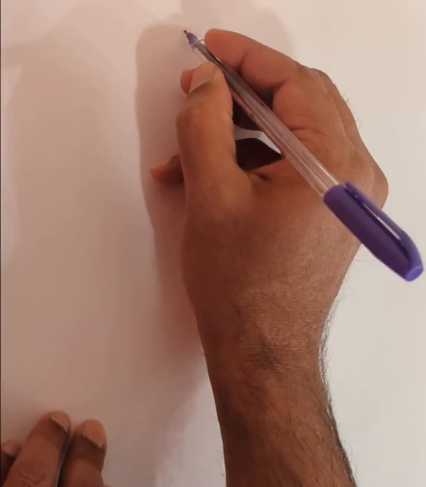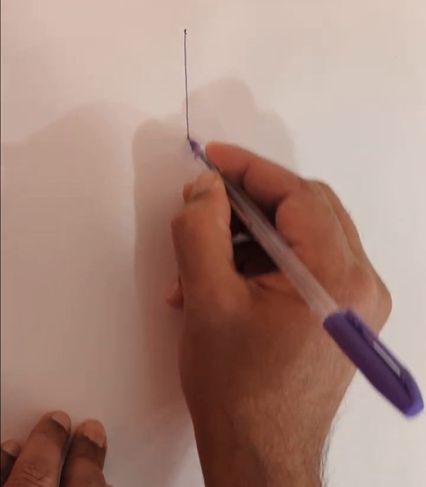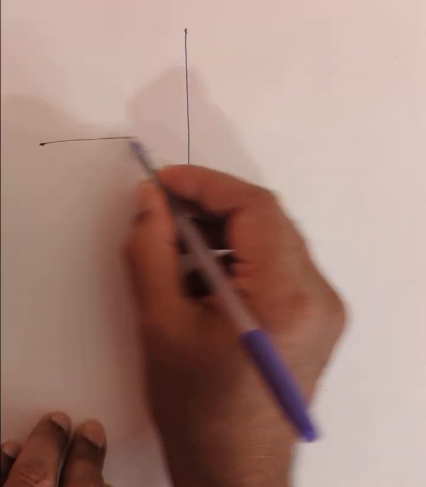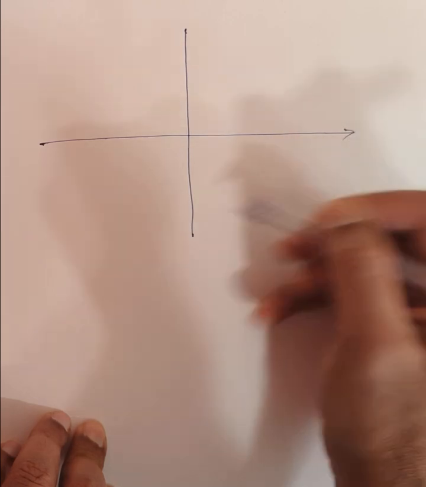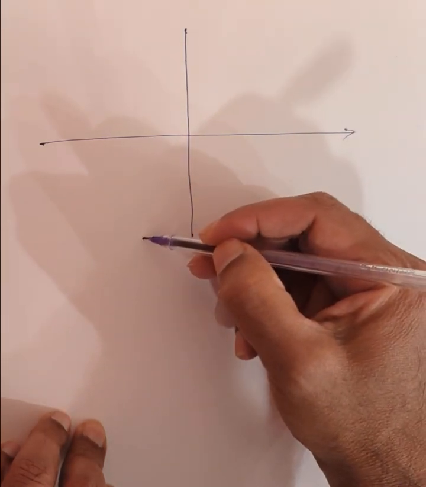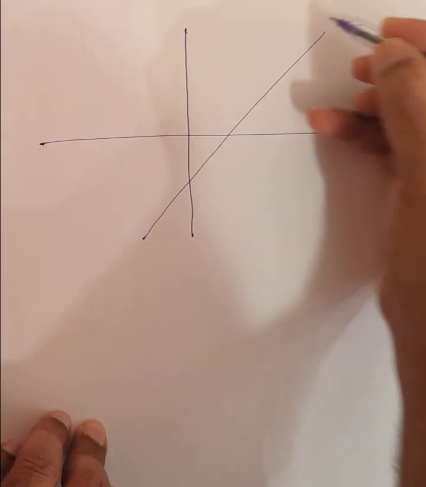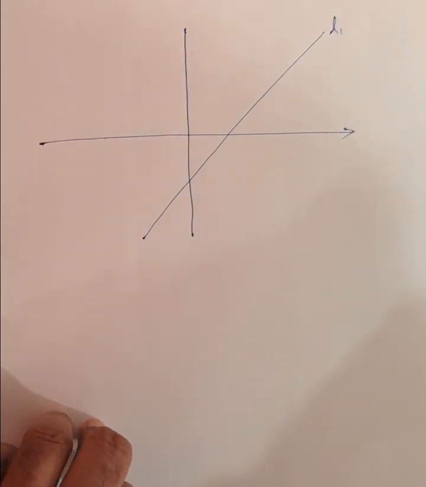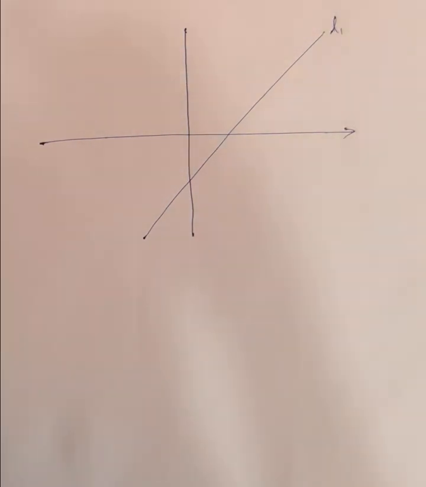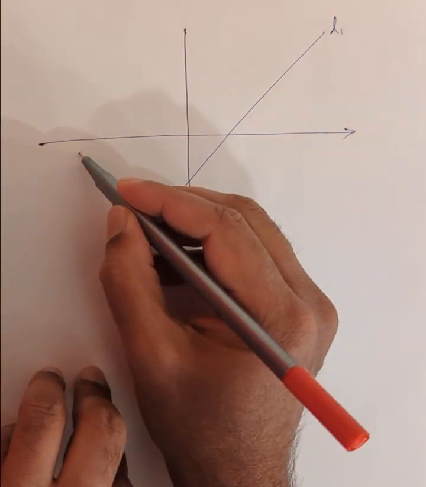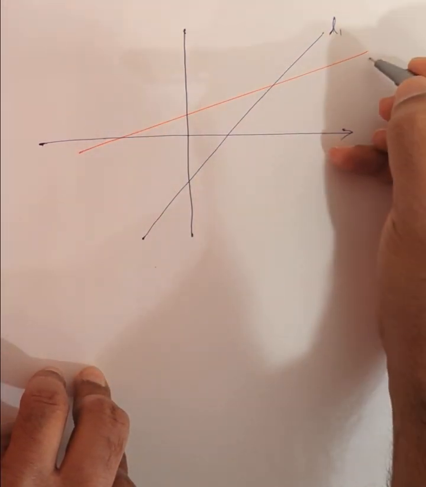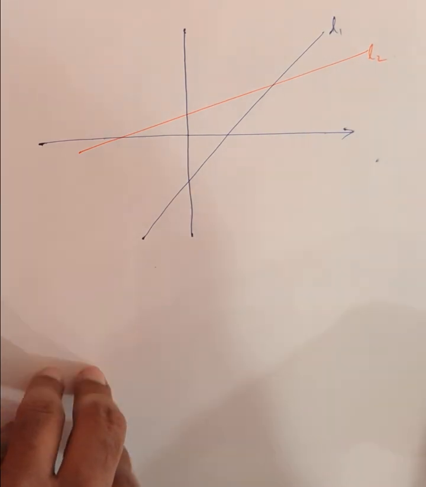Let's do that on a separate sheet of paper. So I have line L1 in blue and line L2 I'm going to draw in red. So this is line L2.